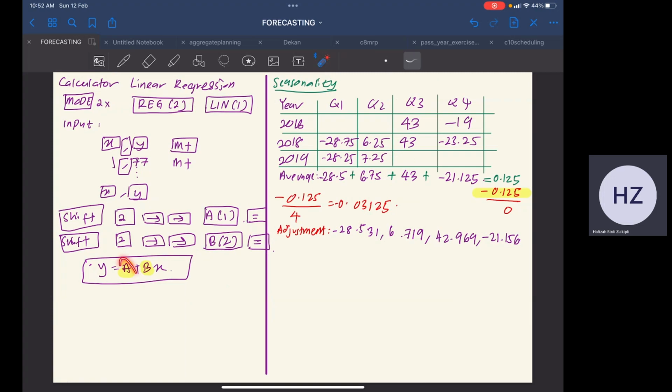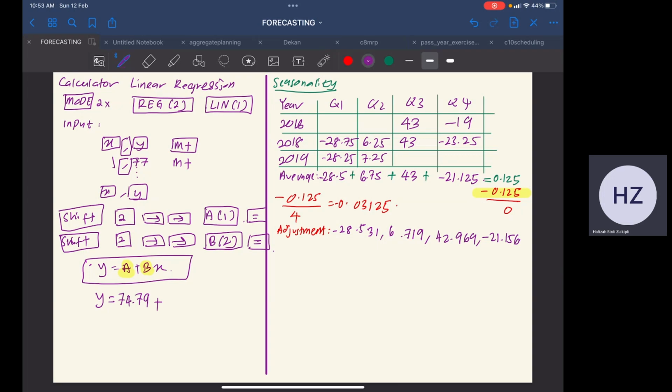So how can we call A and B? You need to press shift, number 2, and then you need to go right 2 times so that you can find A from the calculator. So for A, you need to press 1 and then press the equal sign. So you get A is equal to 74.79.